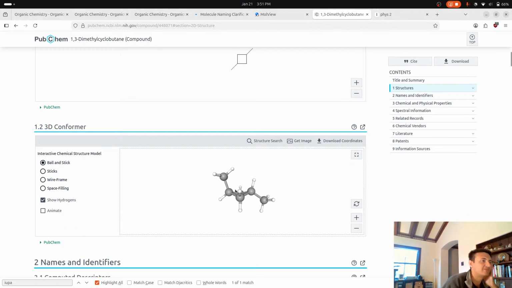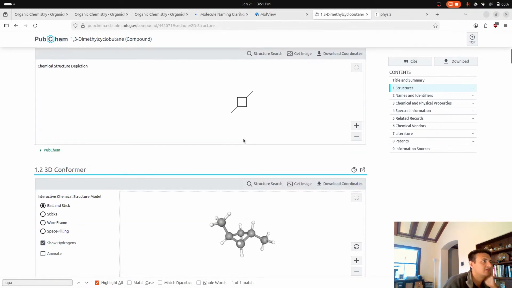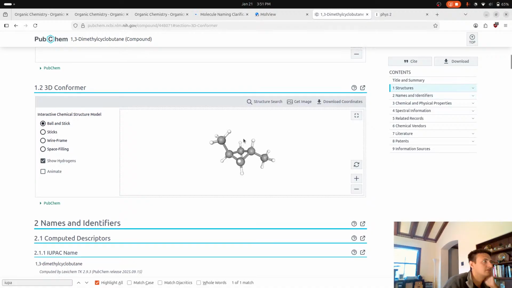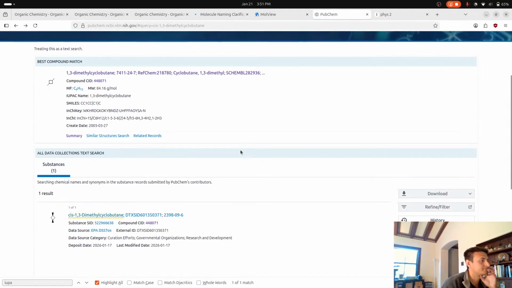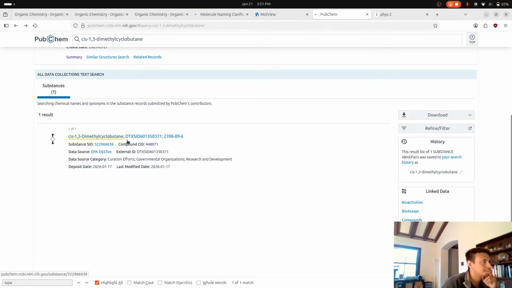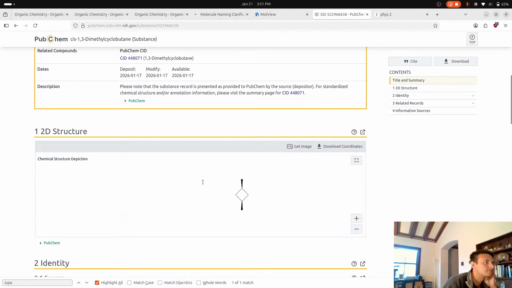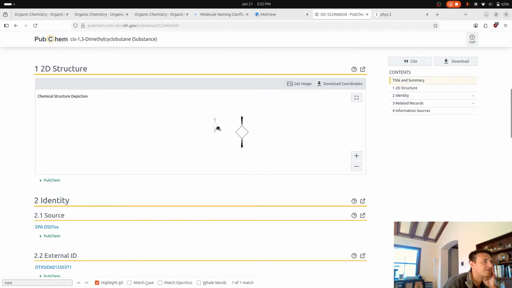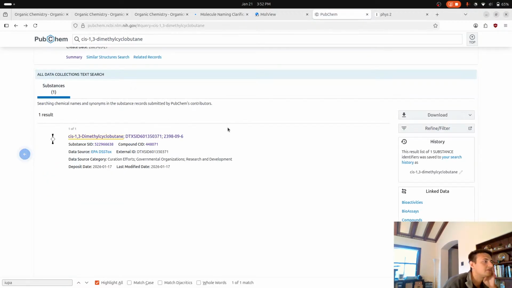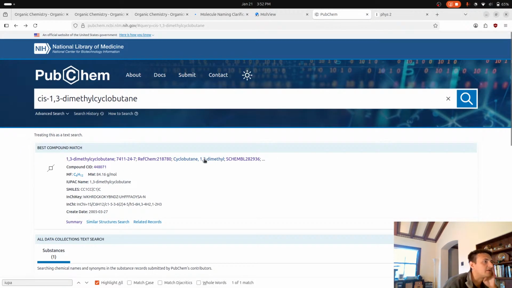This definitely does not look like... Oh, because it's not. This is trans. Oh, but they don't give you the 3D model for it? That's too bad.